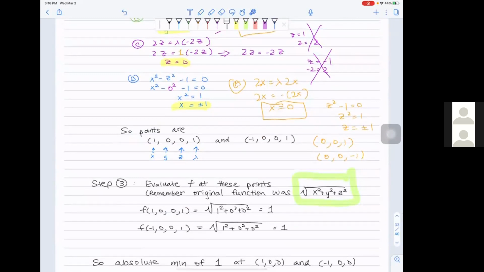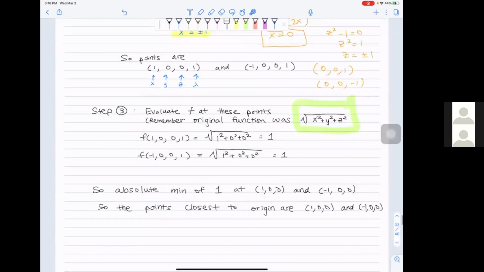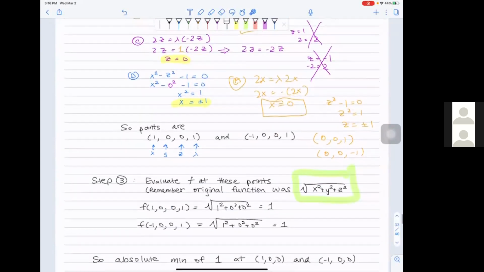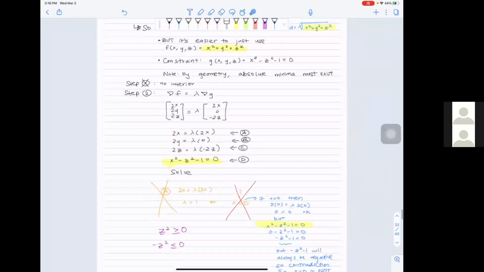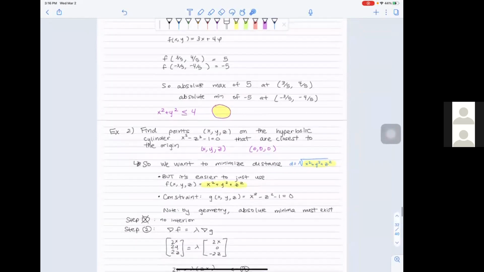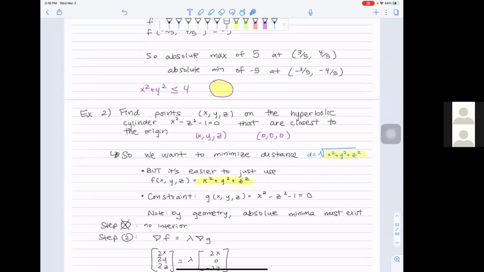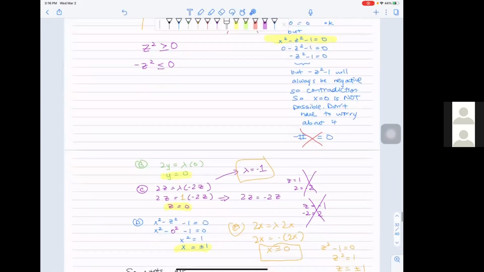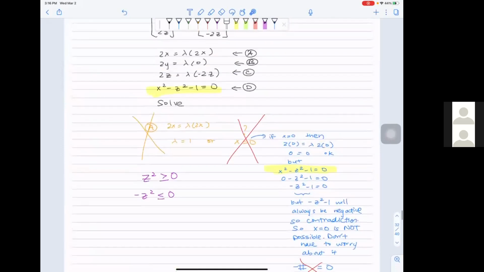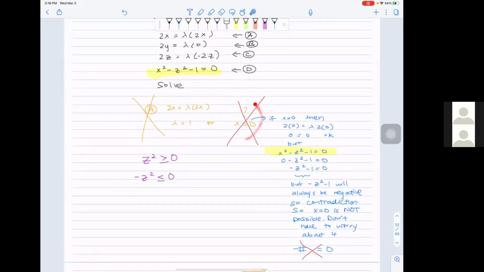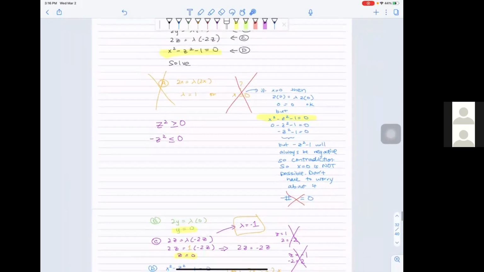So then I guess these 2 points would also be closest to the origin. And on your hyperbolic, wait, is it still on the hyperbolic? Yes, it's still, wait, 1. Yes.